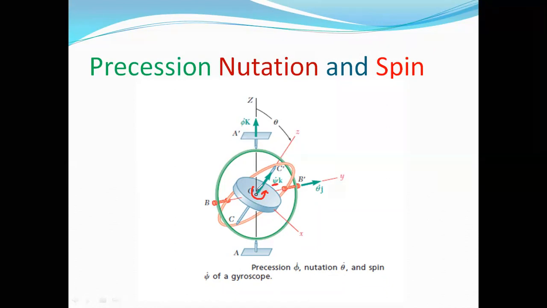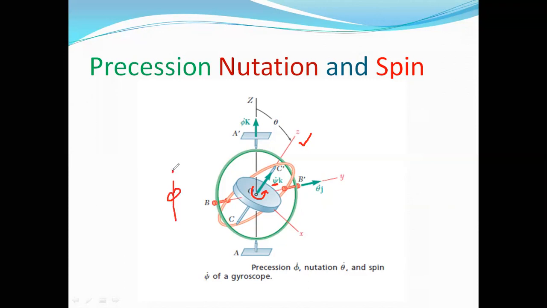You also imagine that this entire system is rotating about this capital Z axis with an angular velocity given as phi dot.